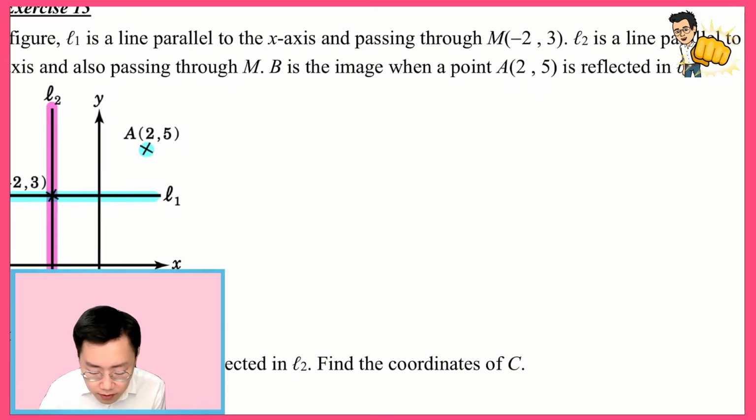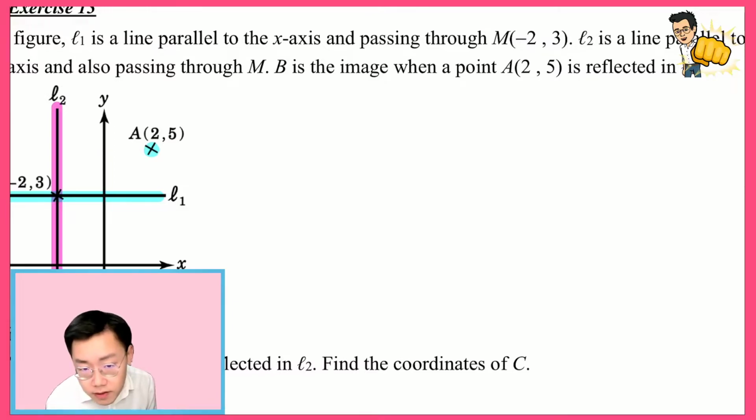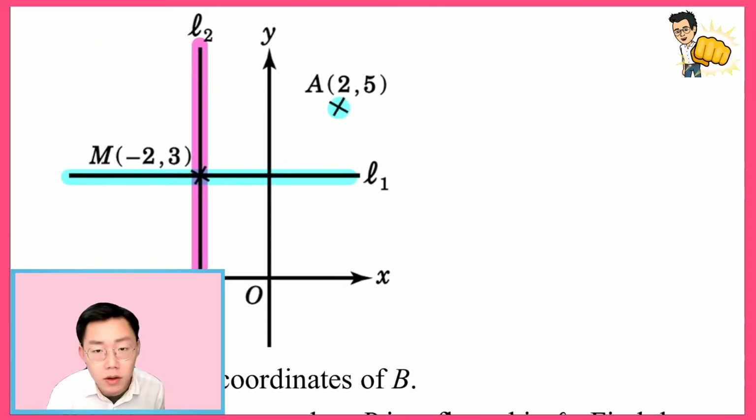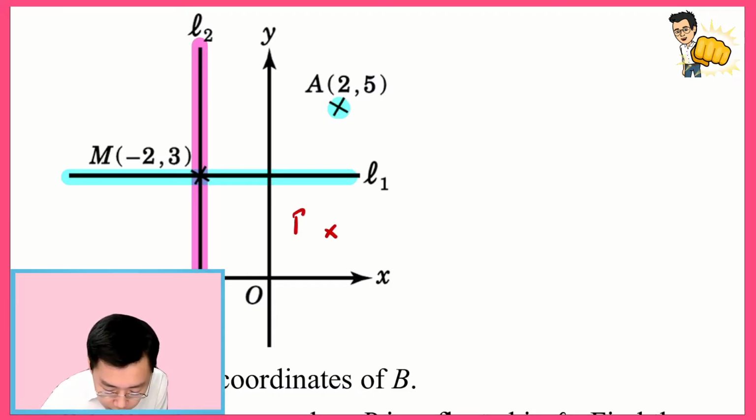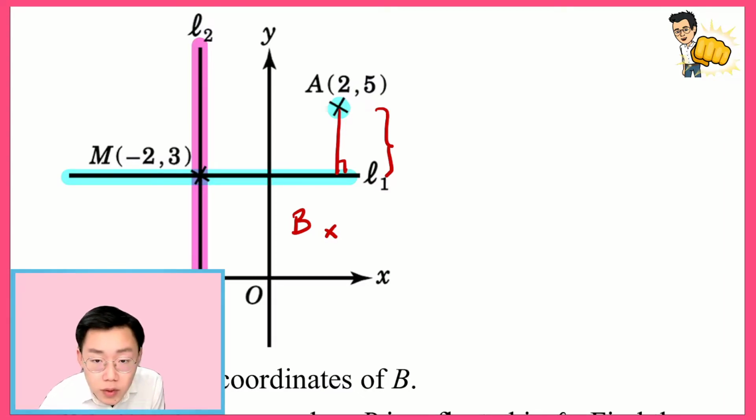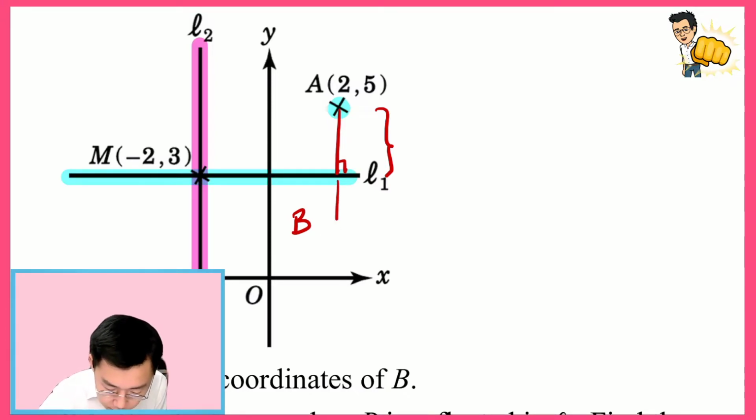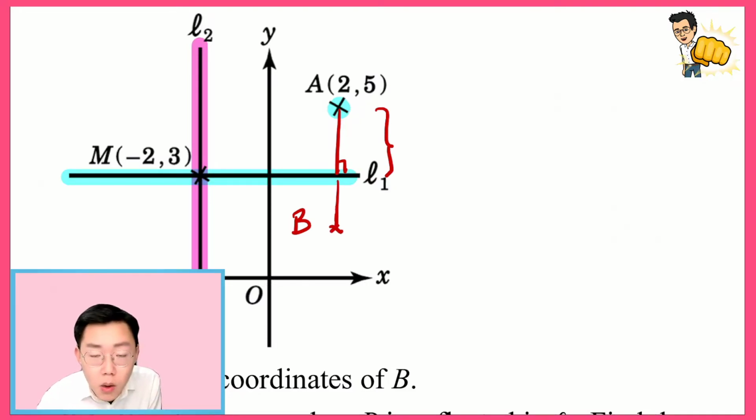If we have a question like this, we can consider L1 just like the mirror of point A. So that means now point B is the reflection of point A. So I give you point B here, which means that the perpendicular distance, this distance, is equal to the distance between L1 and point B. And also here you can see that the distance between L1 and B equals the distance between A and L1.